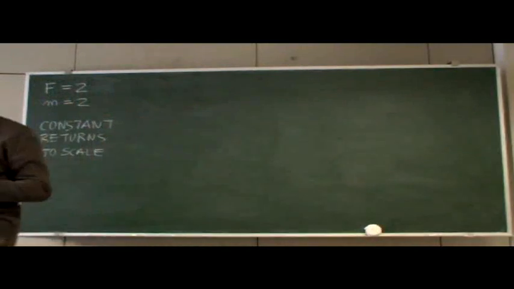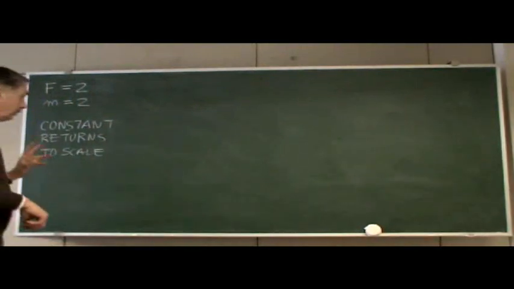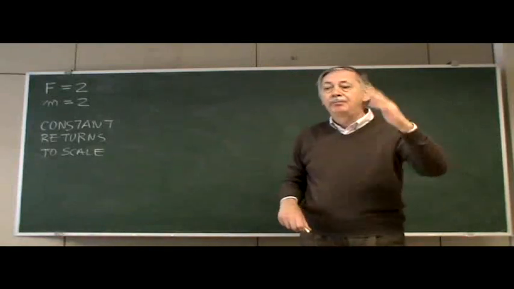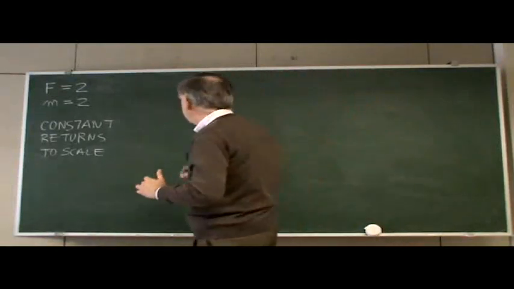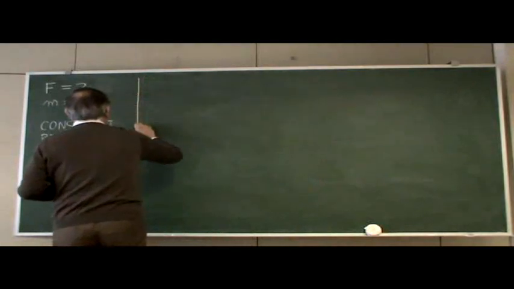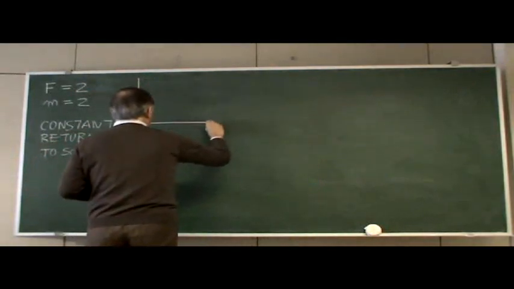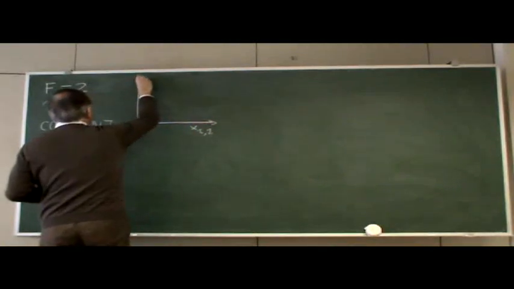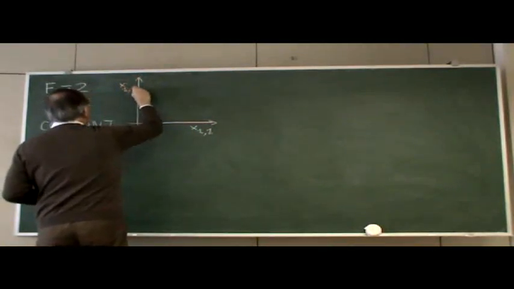Constant returns to scale means in particular that the so-called expansion path of a firm is linear. For example, this is the first firm which produces the first good.